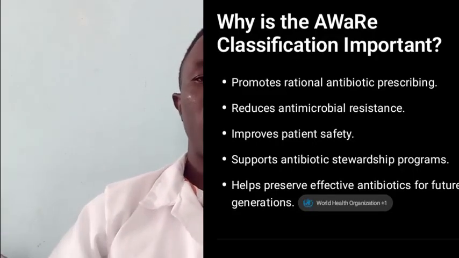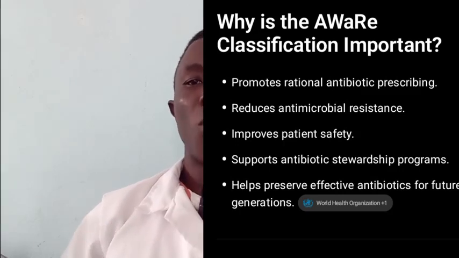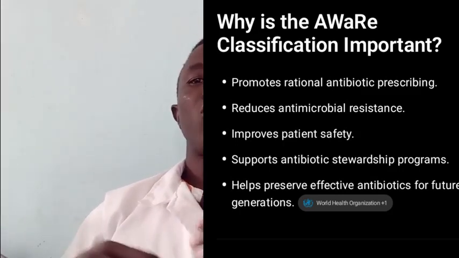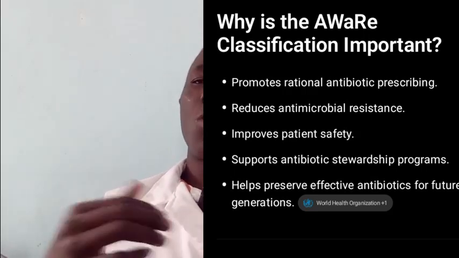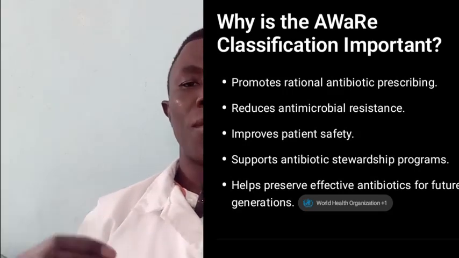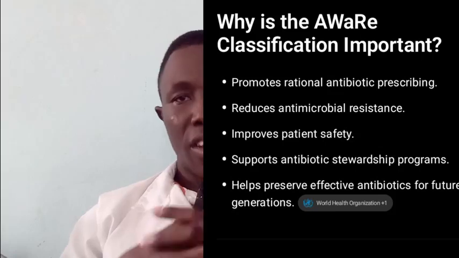So in summary, this AWaRe classification of antibiotics was introduced in order to promote rational antibiotic use or prescription, also to reduce antimicrobial resistance, to improve patient care, support antibiotic stewardship programs, and to help preserve the antibiotics for future generations.